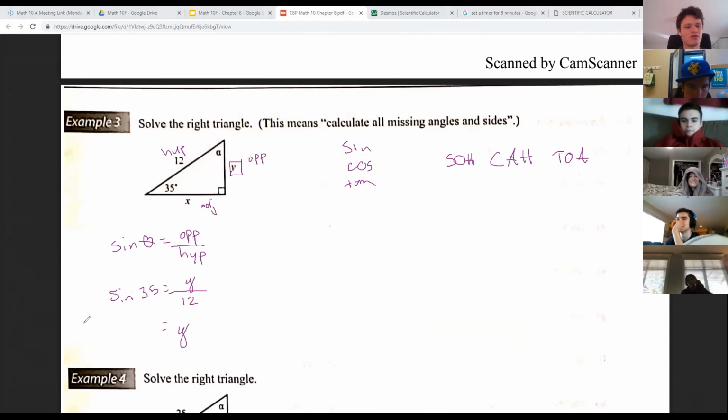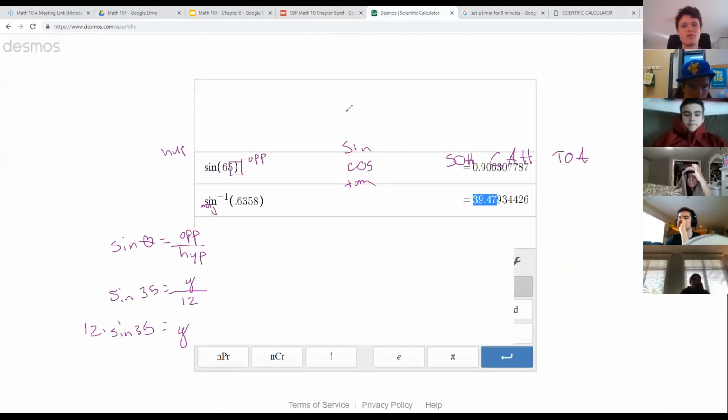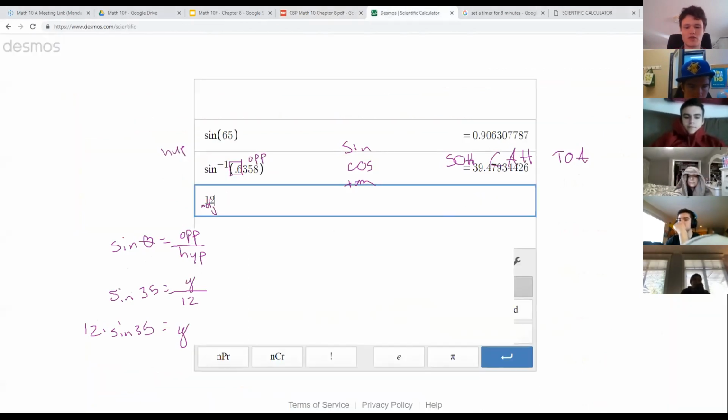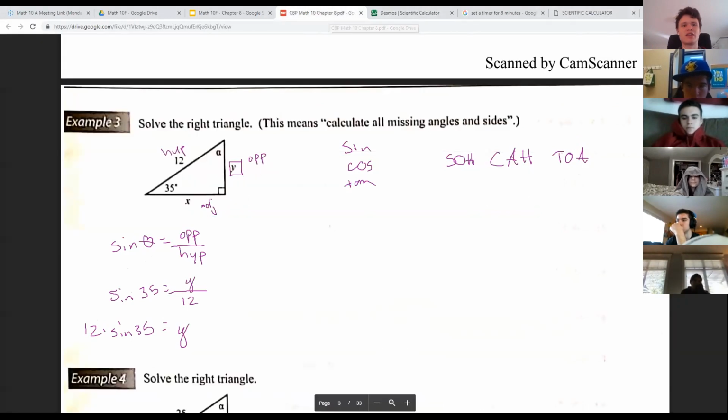So then y equals 12 times sine 35. Open up our calculator. 12 times sine 35 equals about 6.88, or 6.9. I think we're okay to round to that value. So we found one of our side lengths, 6.9.